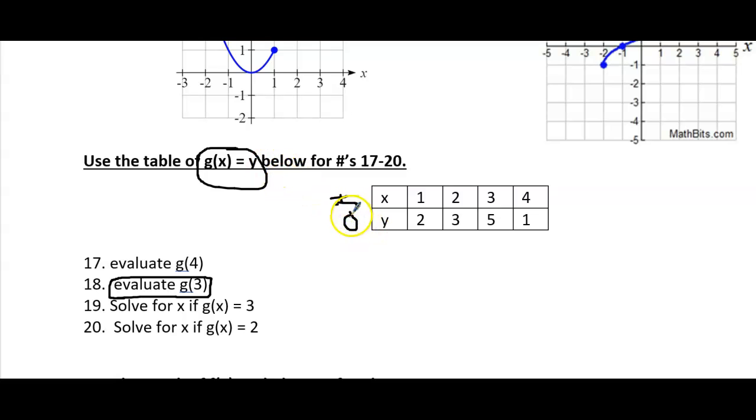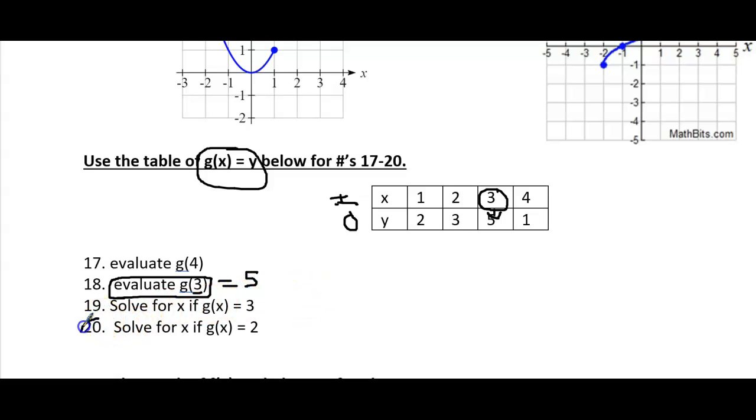I guess that part's not too important, but what's important about this here is knowing that x is in parentheses, so this 3 right here is an x value. So since they gave me the number in parentheses, I'm going to look in the x row for 3. So there's 3, and then I'm going to give the answer that goes with it, which is 5. And so g of 3 is equal to 5.